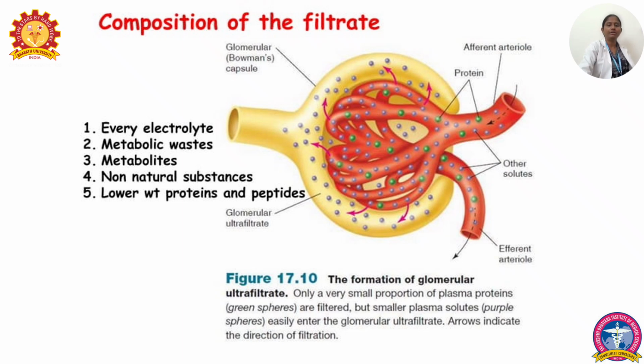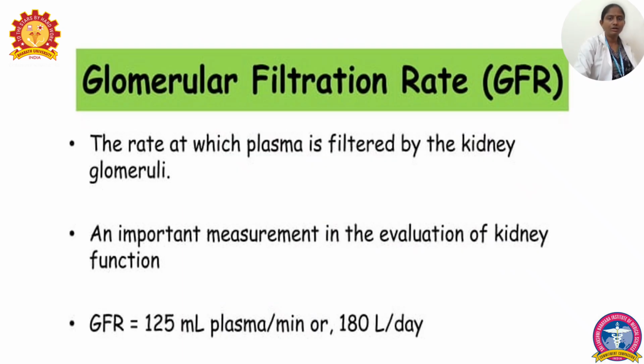The fluid component. So now we are moving on to see what the glomerular filtration rate is. It is the rate at which the plasma is filtered by the kidney, or rather by the glomeruli, not the tubules.